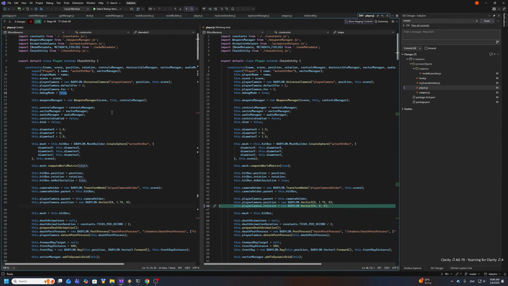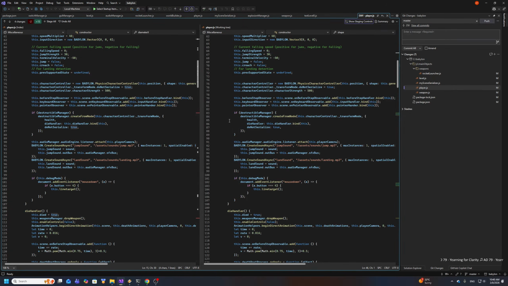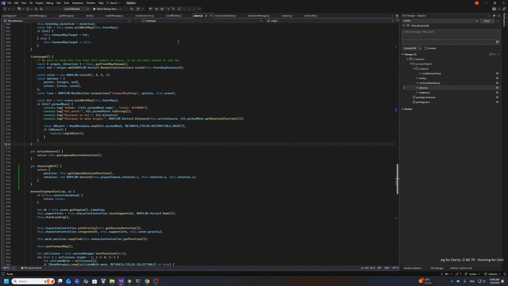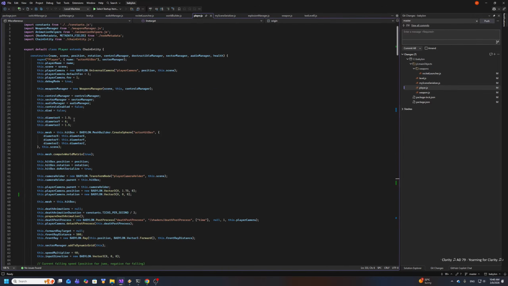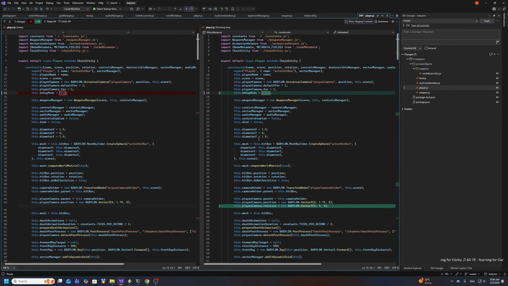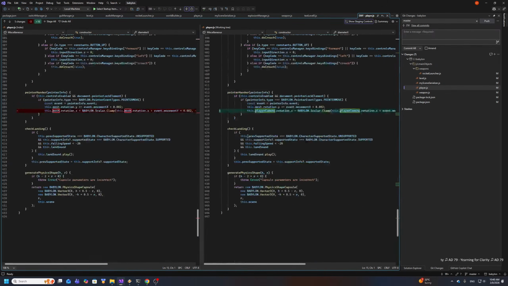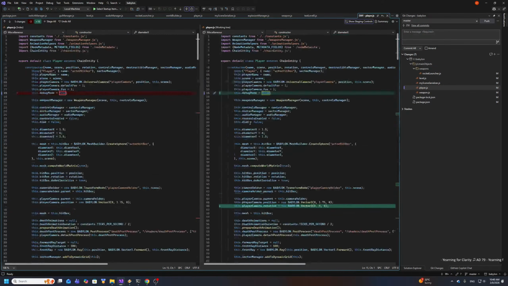Last thing, let's not forget to disable debug mode. Okay, let's do it here. Okay, debug mode. False. Okay. We don't mess it up anywhere, right? Okay.